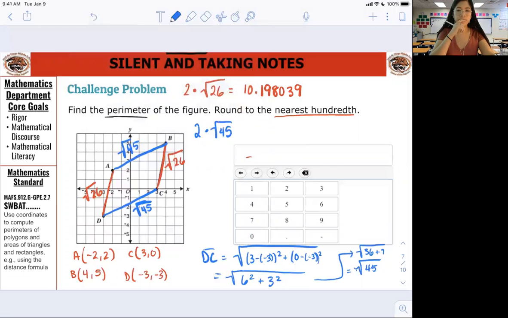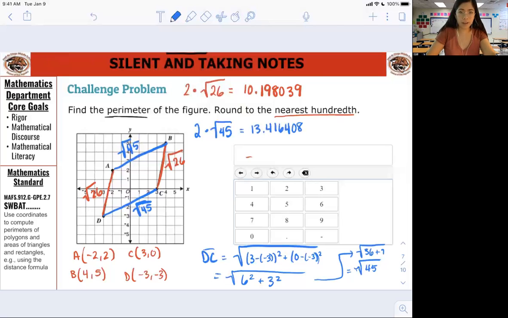What do we get? 13.41640. Good. I'm going to even bring it up one more, 0.8, rounding up.